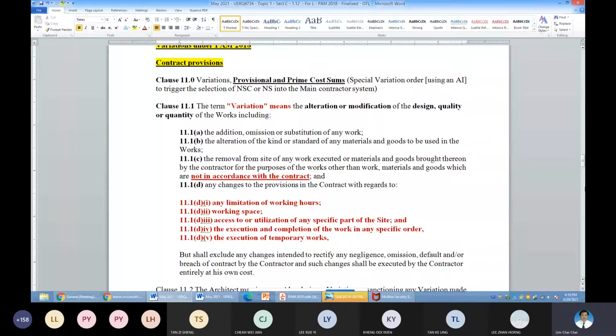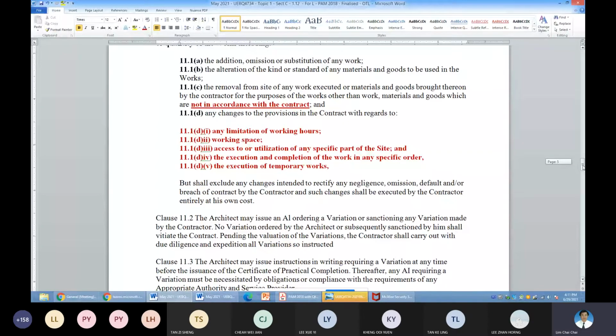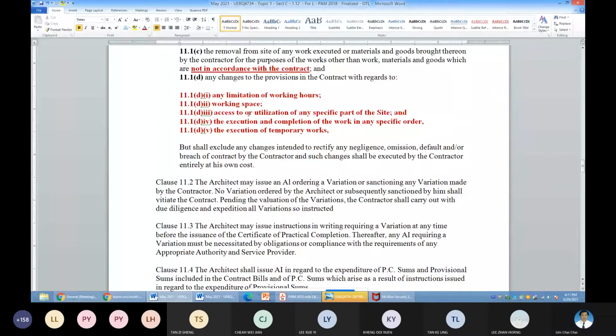So these are the important provisions for the architect to instruct, stating which clause or provision under the contract allows the architect to do so.